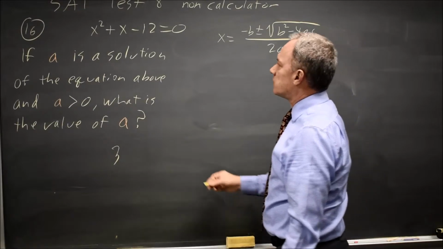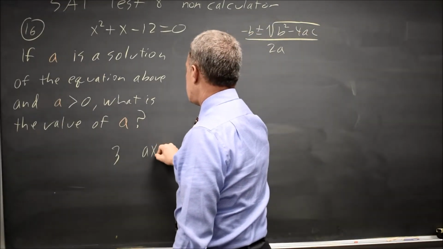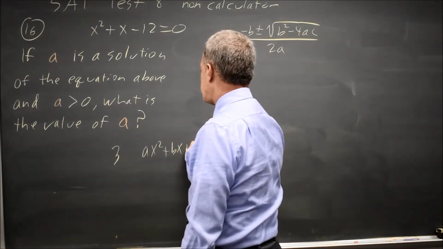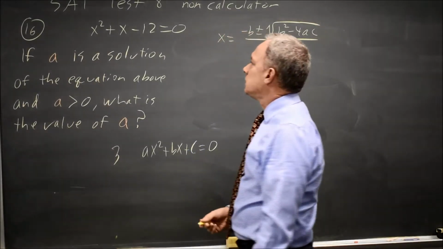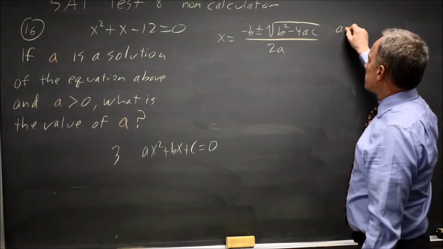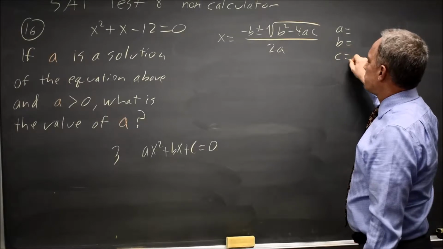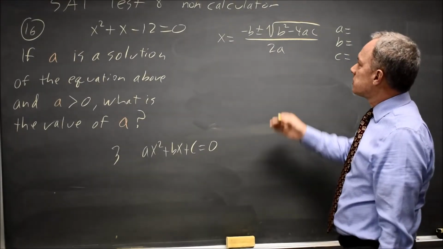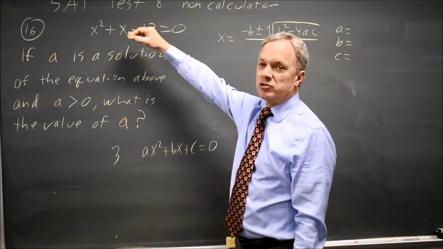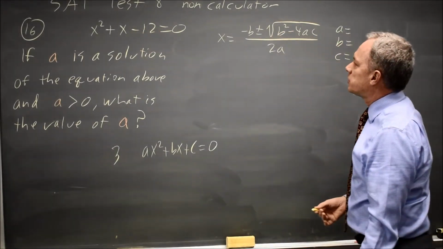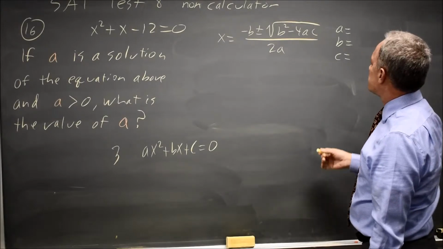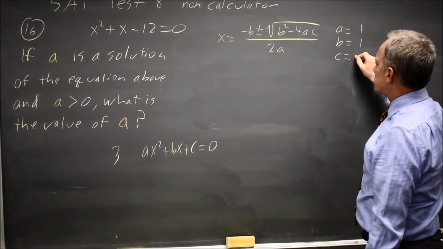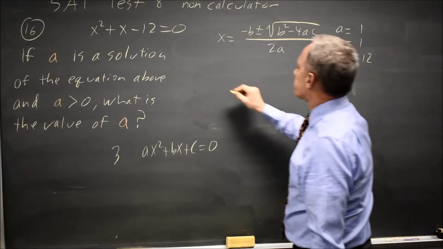And that's for the form ax squared plus bx plus c equals 0. I always write my a, b, and c values so I don't get confused. Particularly, I'll occasionally swap two numbers, but I'll often drop a negative, like the negative from negative 12, and enter positive 12 by mistake. A equals 1, b equals 1, c equals negative 12.